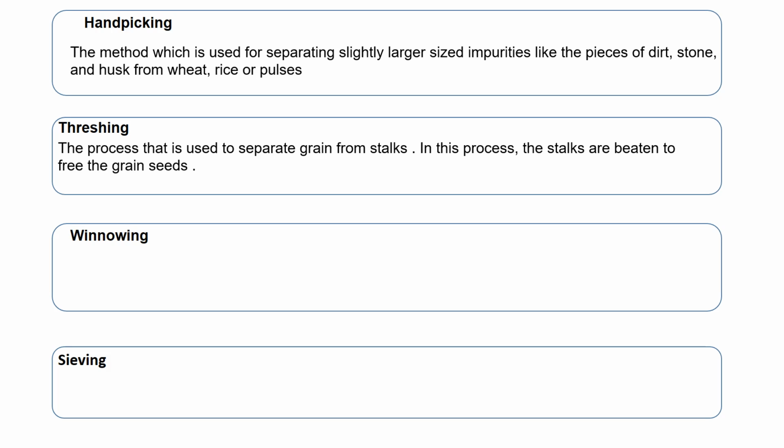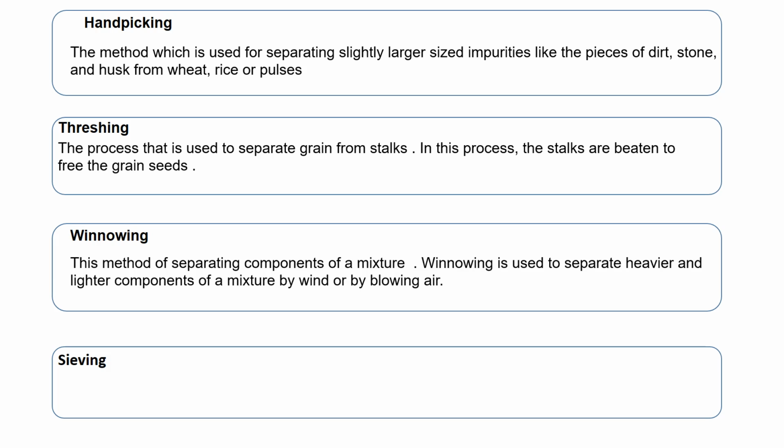Next method of separation is winnowing. What is winnowing? The method of separating components of a mixture is called winnowing. Winnowing is used to separate heavier and lighter components of a mixture by blowing wind or air.